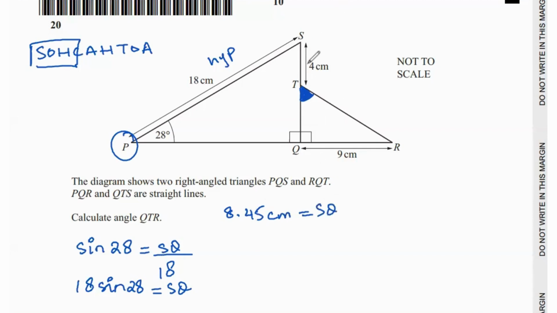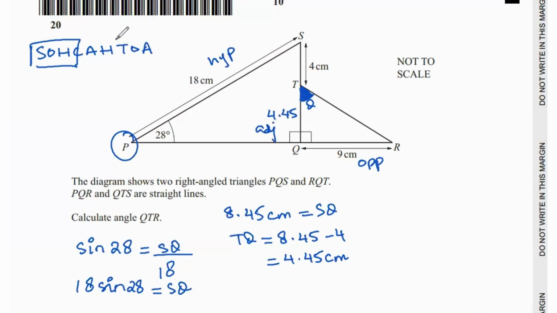Now we know that ST is 4. That means TQ would be 8.45 minus 4, just 4.45 centimeters. Now to find the value of angle T, we have TQ, we have QR. So if this is our angle, 9 is our opposite, and 4.45 is our adjacent.